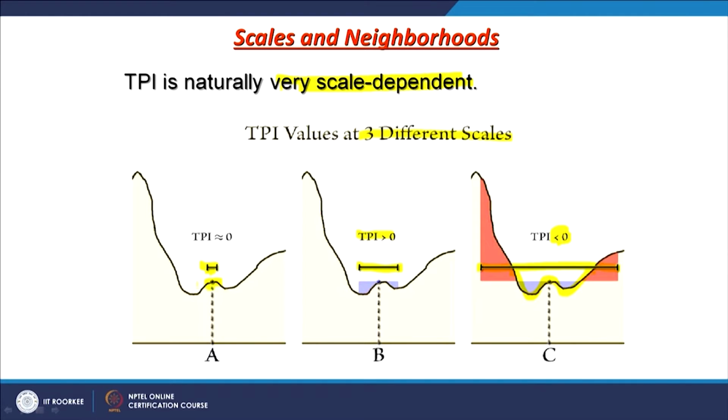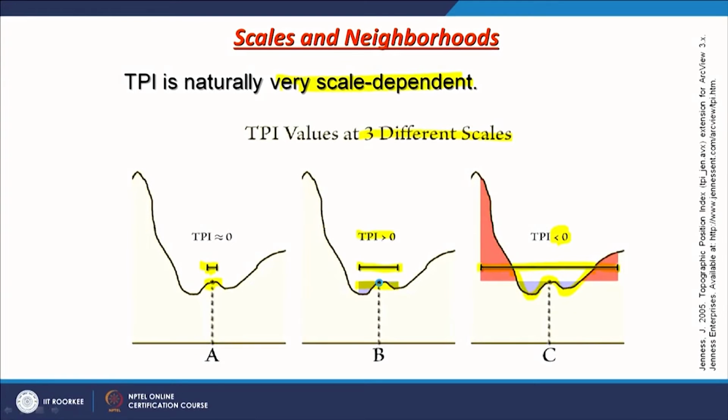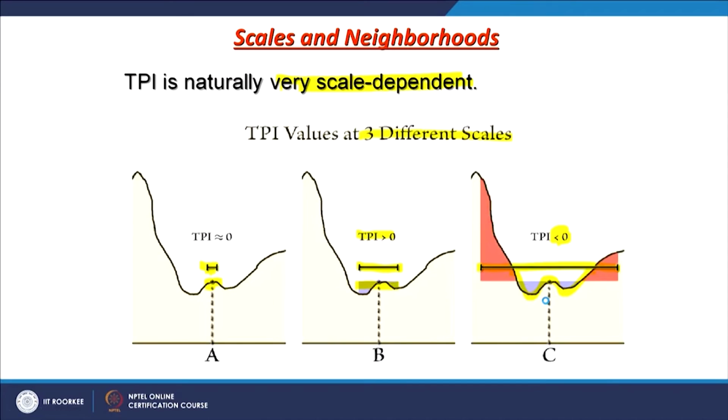This would be identified as a ridge top, this would also be identified as a ridge top or maybe some other category, like here where you are seeing the positive value, ridge top or hilltop. But when the resolution is very coarse, then this is a negative value, that is valley bottom. So from that point of view, it is really a valley bottom.